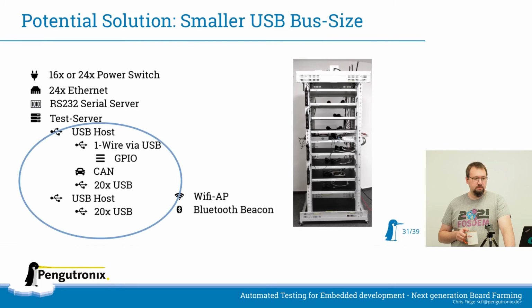And we want to drastically reduce the size of our USB buses. So we want to have fewer USB devices connected to a single USB host, and we want to have fewer ground connections between adjacent slots in a lab where a USB hub spans multiple slots, and the same for the serial connection and Ethernet.